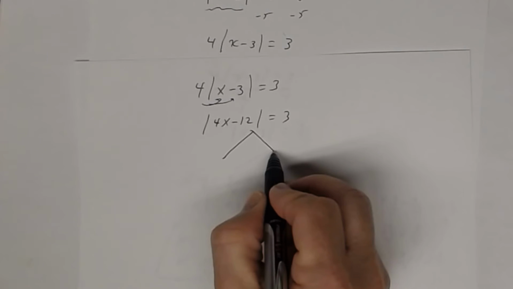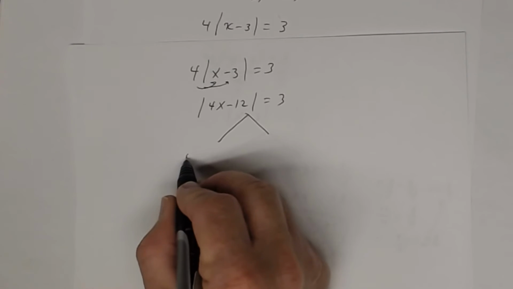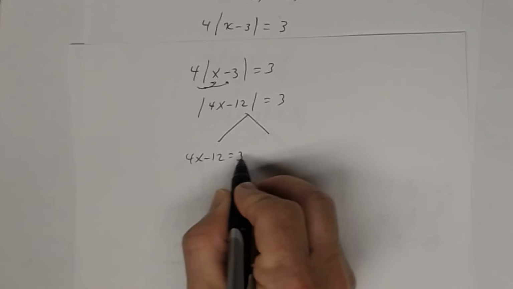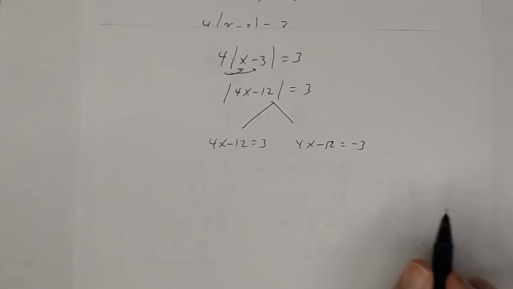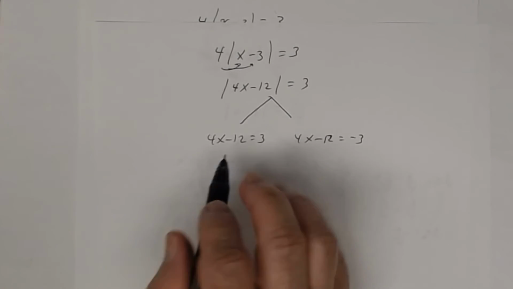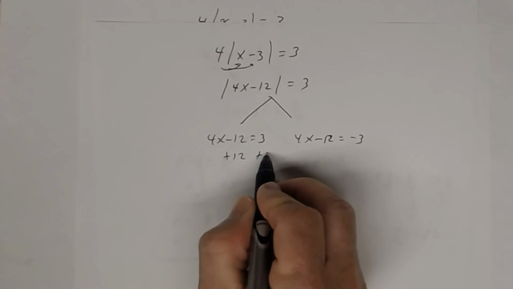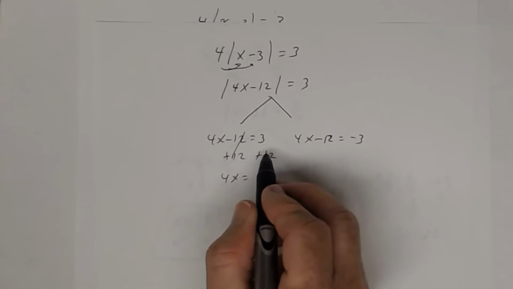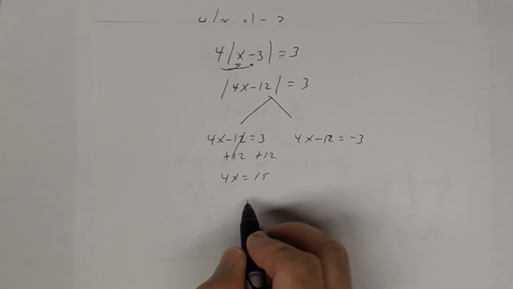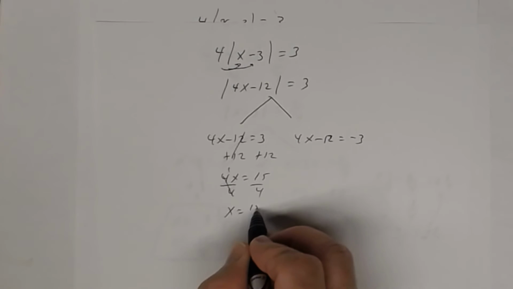And then rewriting it as two separate equations, you would say 4x minus 12 equals 3, and 4x minus 12 equals a negative 3. And then solving each linear equation, notice you no longer have absolute value bars. Adding 12 to both sides, I get 4x equals 12 plus 3 is 15. Dividing both sides by 4, I get x to be 15/4.